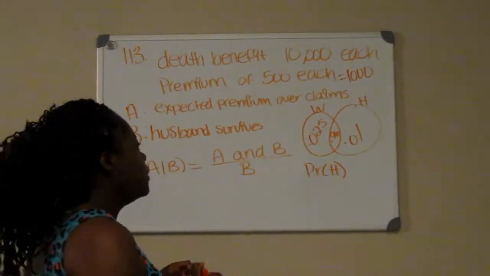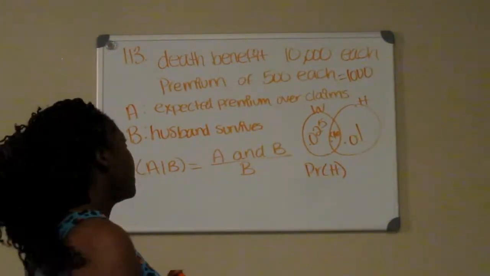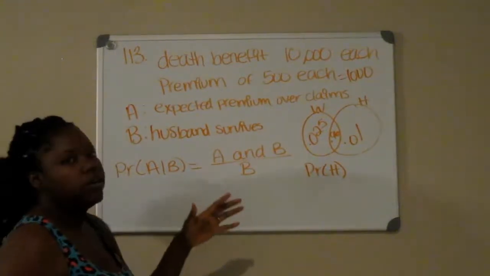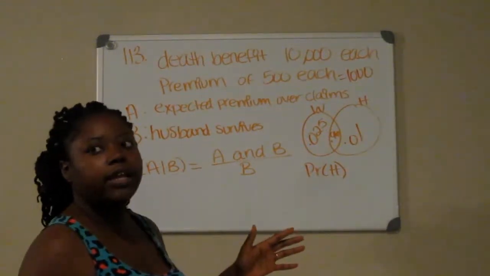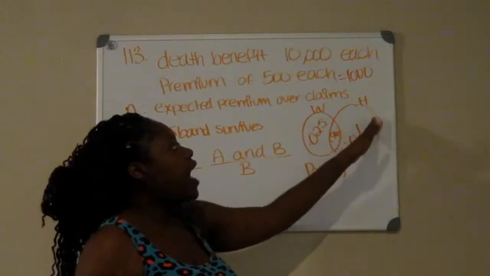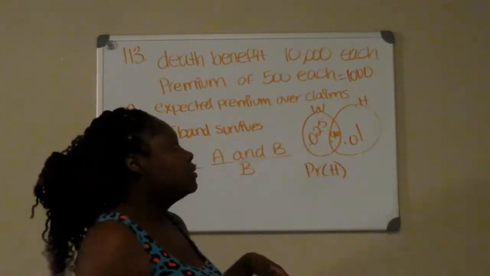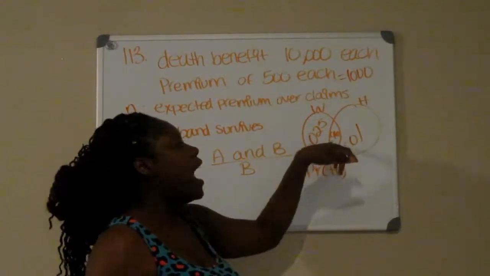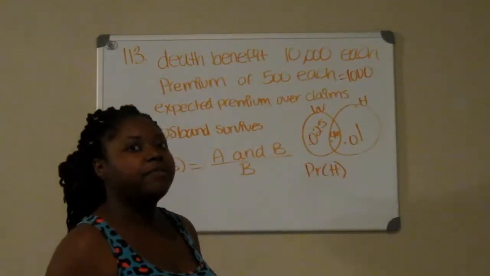Just the easy way for me to remember it. So let's say there are 2 scenarios where the husband can survive: the husband survives and his wife dies, or the husband and the wife both survive.